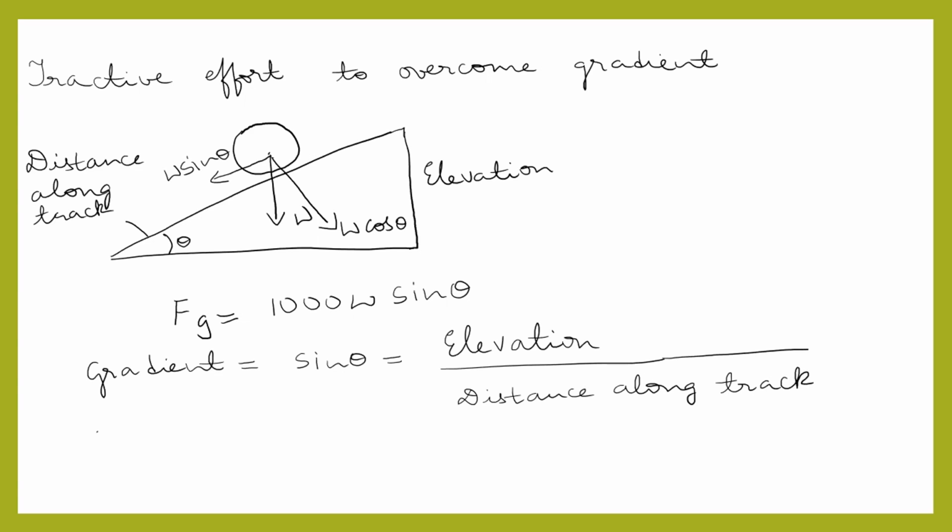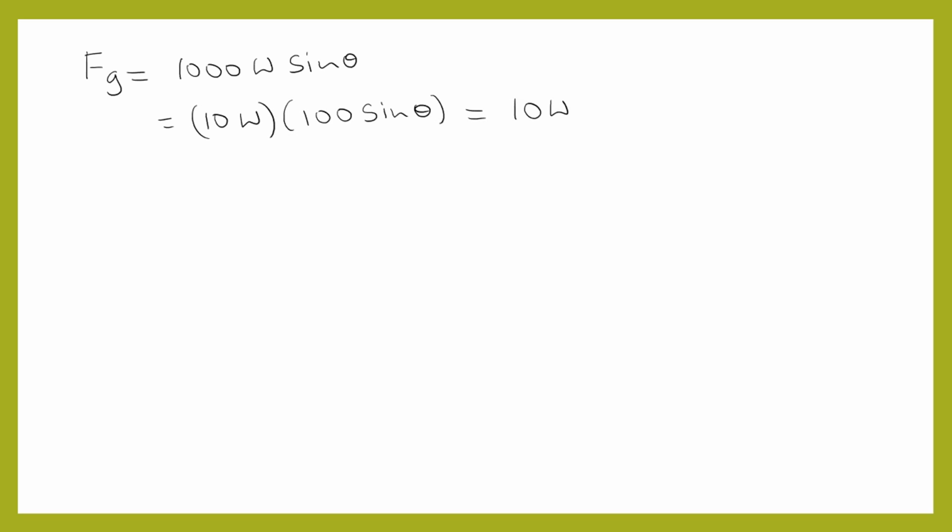So percentage gradient G is equal to 100 sin theta. We have Fg equal to 1000 W sin theta, that is 10 W into 100 sin theta, that is equal to 10 WG kgf.